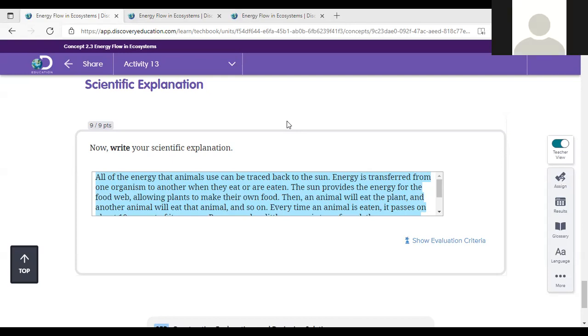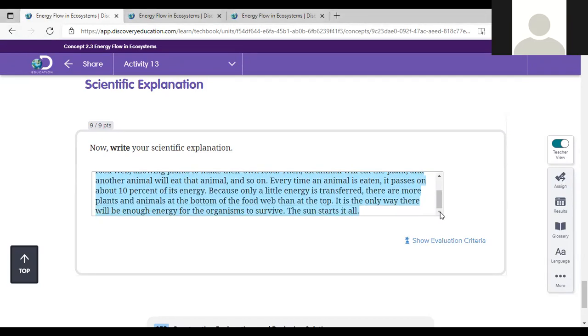The sun provides the energy for the food web, allowing plants to make their own food. Then an animal will eat the plants, and another animal will eat that animal, and so on.